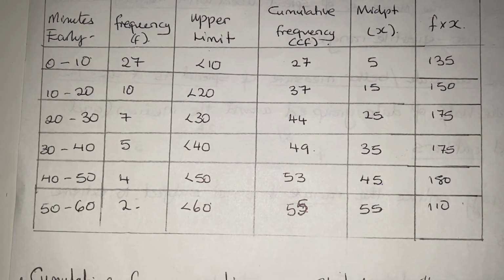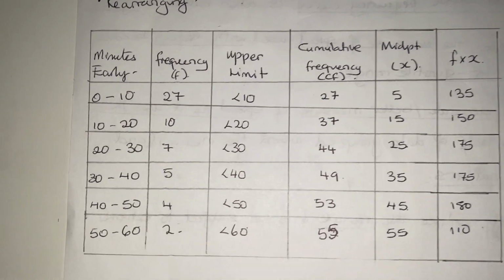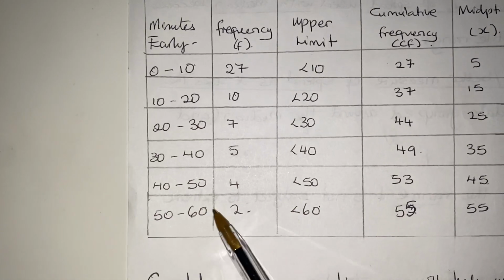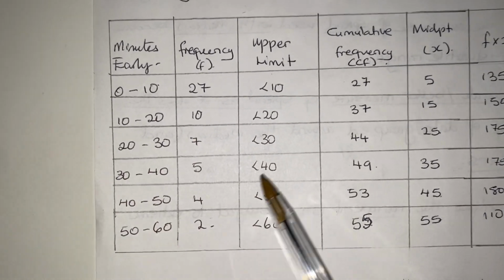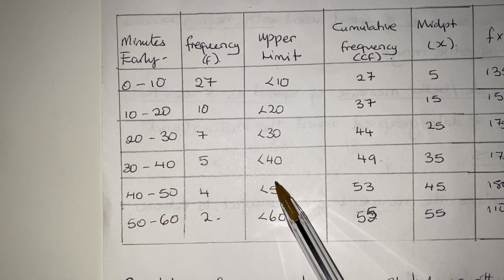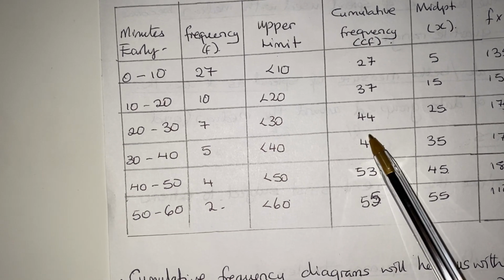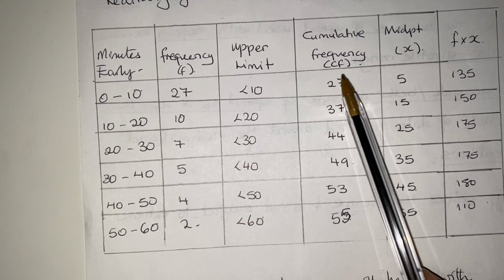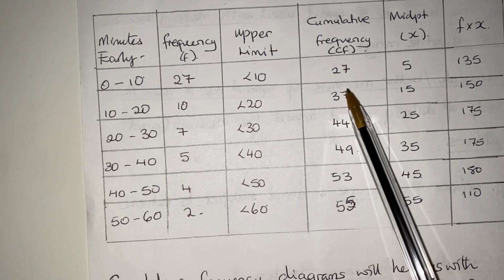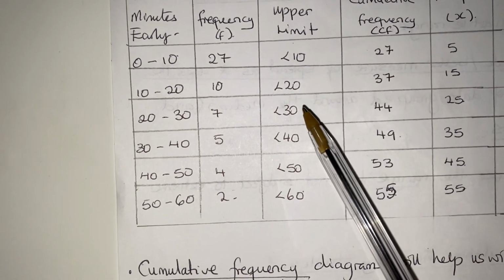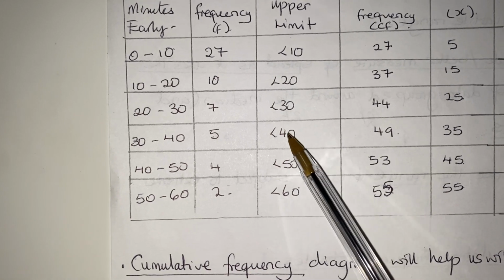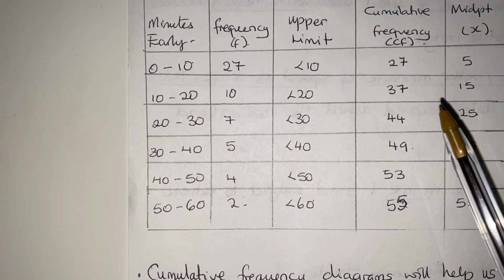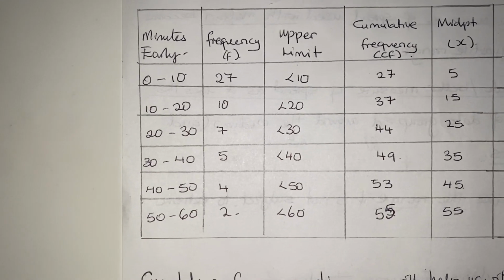But today we are just going to use the first 4 columns. They'll give you the first 2, you create the third one and the cumulative frequency. The cumulative frequency goes on your y-axis, the upper limit goes on your x-axis. Okay, I hope you understand that.